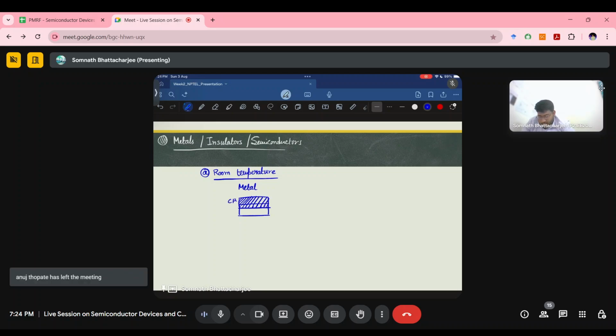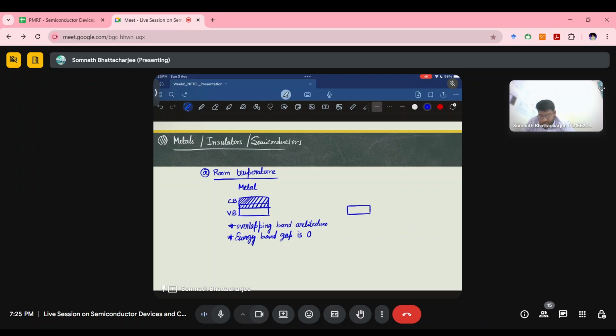So this is CB and this is VB. The first thing is that an overlapping band architecture is there. Second point is that the energy band gap is zero. Okay, so this is the structure of a metal.